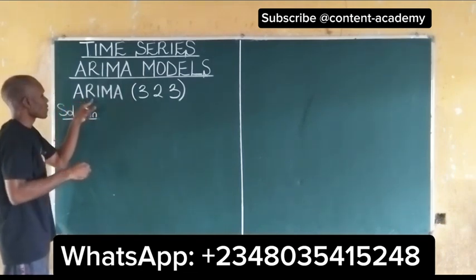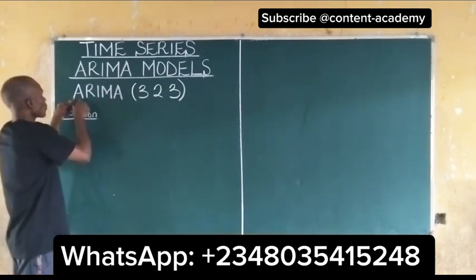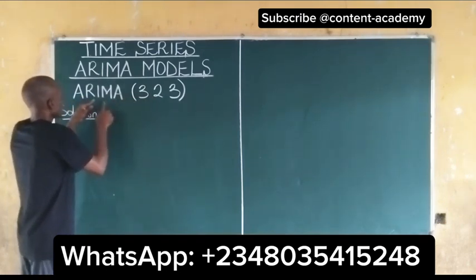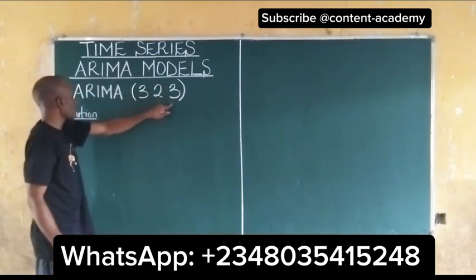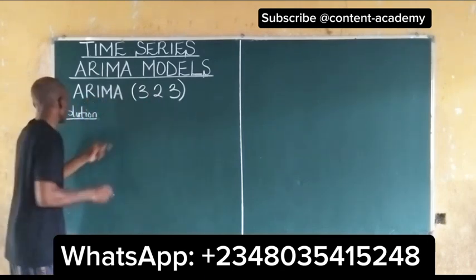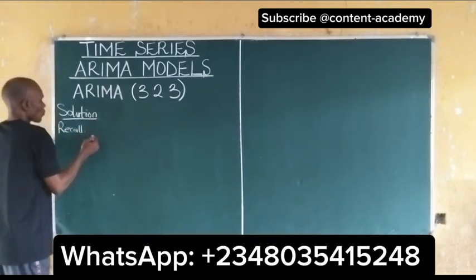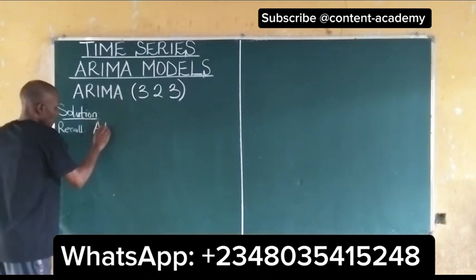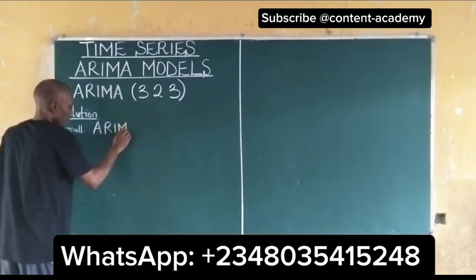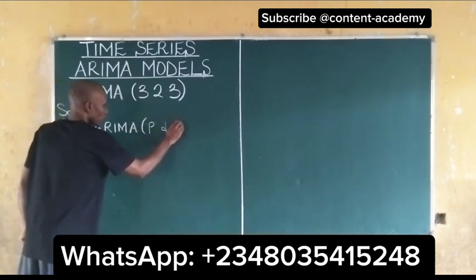ARIMA means AutoRegressive Integrated Moving Average. So the autoregressive part is 3, the moving average part is 3, while the integrated part, which is our differencing, is 2. So we recall that ARIMA PDQ.